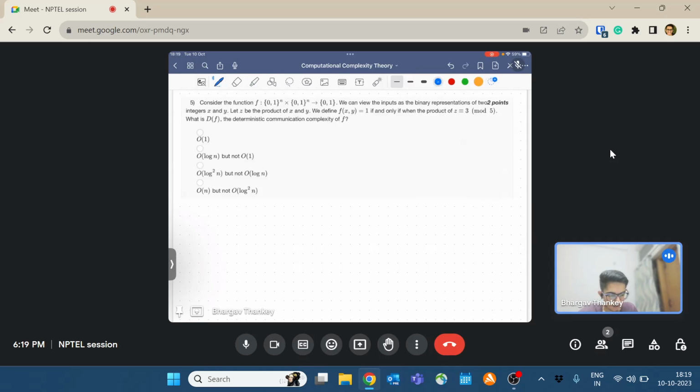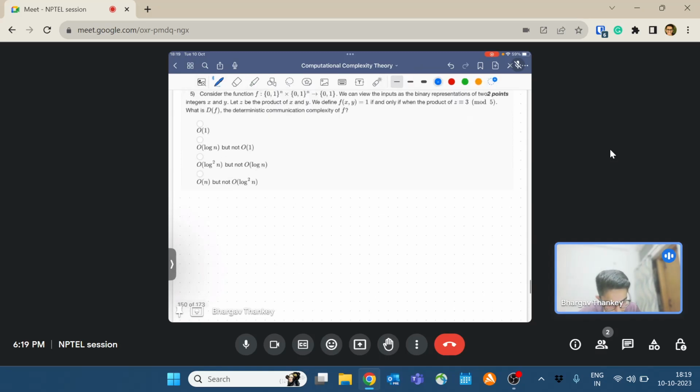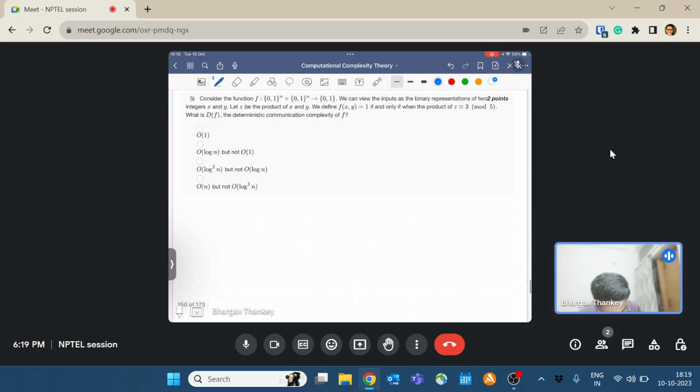So let's see. f(x, y) is 1 if and only if z equals 3 mod 5.